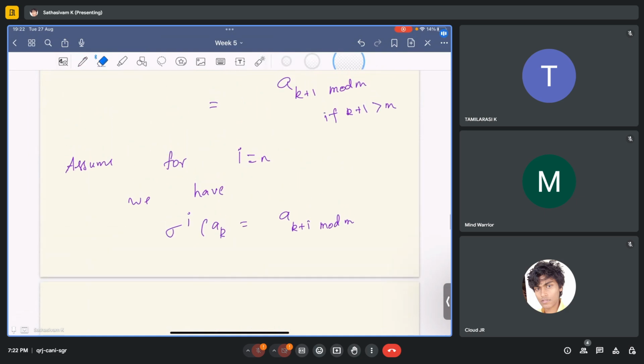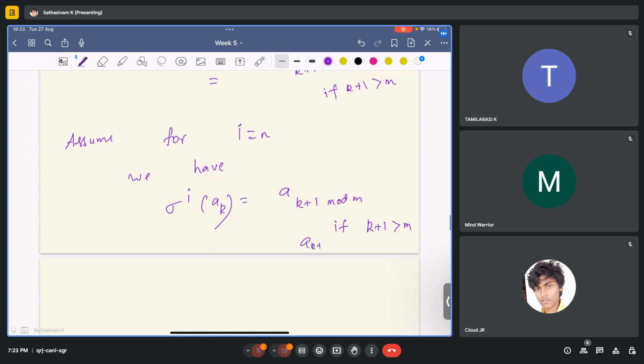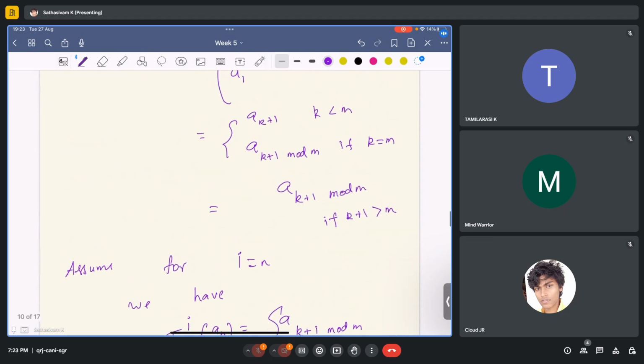Maybe it's fine. A k plus I mod m if k plus I is greater than m. Otherwise it is basically a k plus I if k plus I is less than or equal to m. So that is what we are having for the induction statement here.